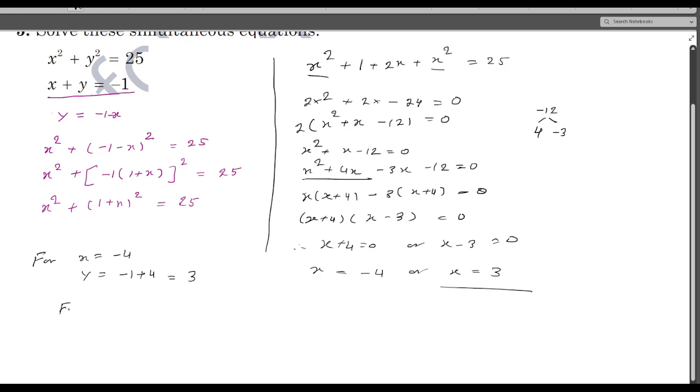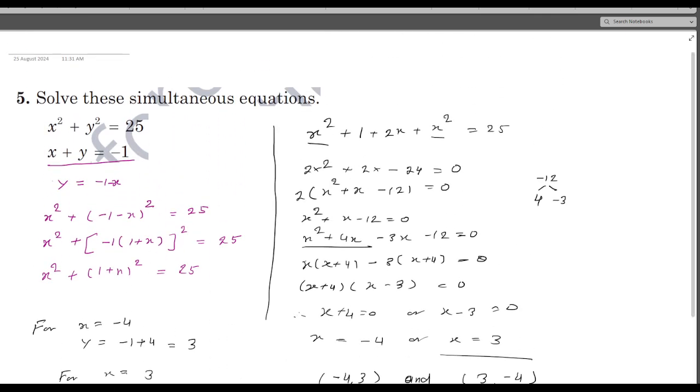And for x is equals to 3, your y is -1 minus 3, which gives you -4. So your solution is -4 comma 3, or we will say that x value is 3, so y value is -4. So -4 comma 3 or 3 comma -4, both will give me the same result.